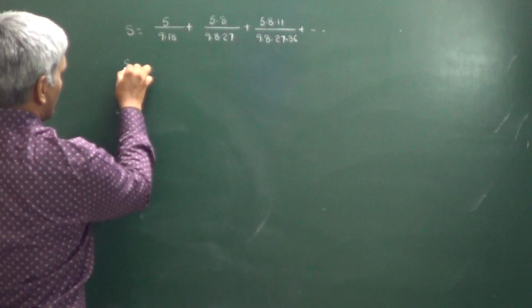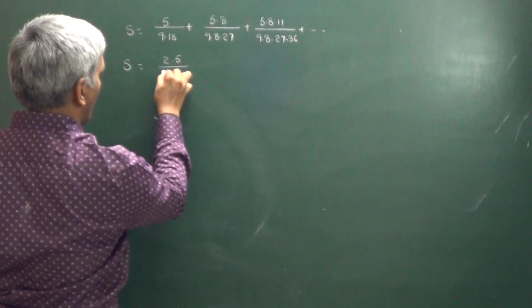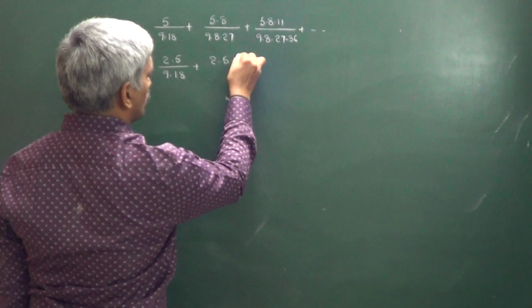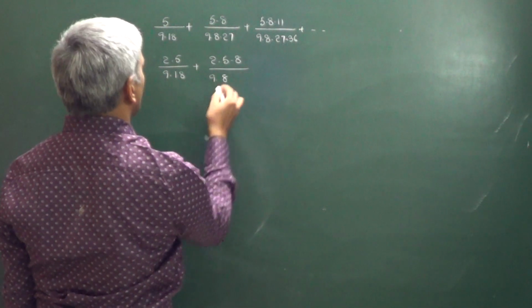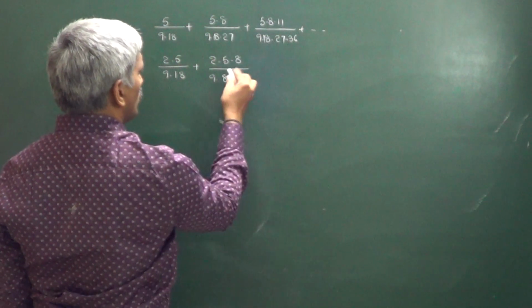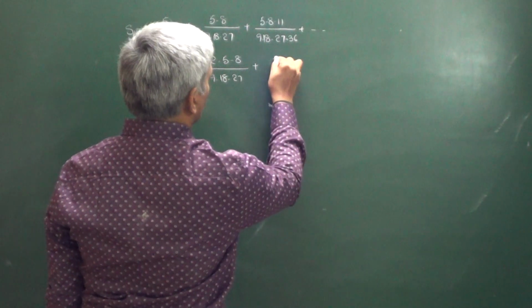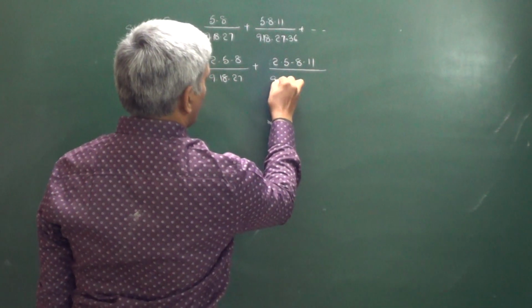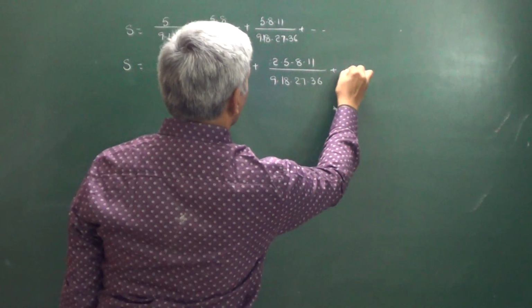Okay. So this can be written as s is equal to 2 into 5 divided by 9 into 18 plus 2 into 5 into 8 divided by 9 into 18 into 27 plus 2 into 5 into 8 into 11 divided by 9 into 18 into 27 into 36 plus and so on.